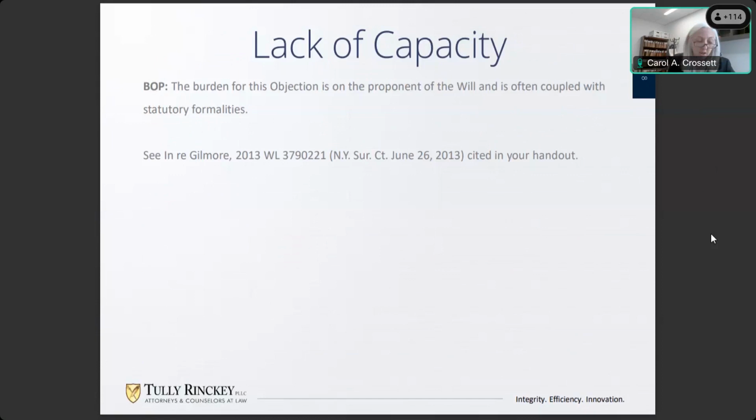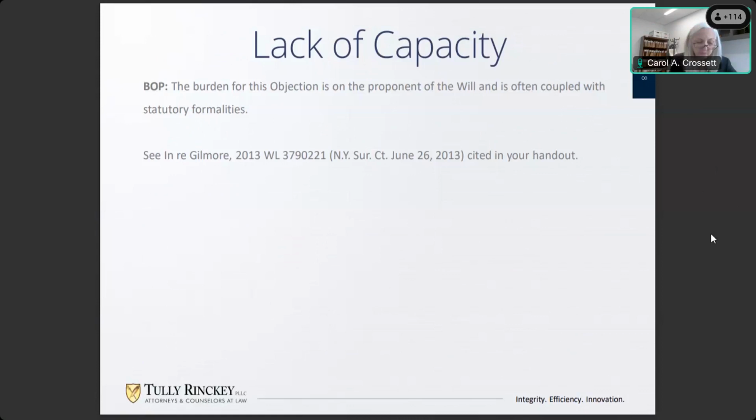The presumption of competency and the difficulty of showing that the testator did not have competency at the time of execution of the will, not before, not after, but at the time of execution of that instrument, which purports to be the last will and testament of the testator, is paramount. If they had competency at the time of due execution, even if they didn't before or after, it's not important.